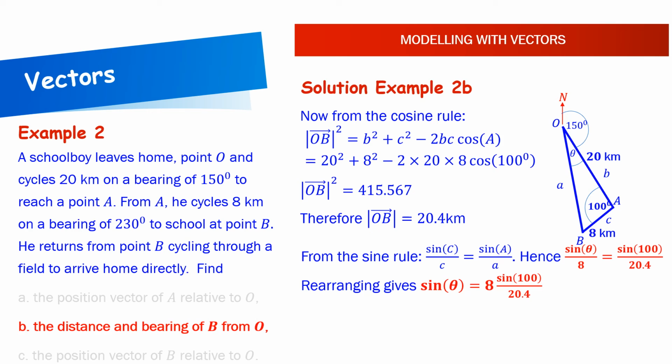And so tidying up and rearranging gives us sine theta equals 8 times sine 100 over 20.4, which is equal to 0.386. And finally, if we inverse sine, we obtain theta equals 22.7 degrees.